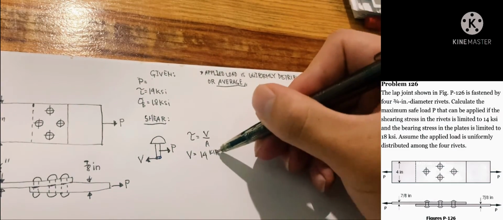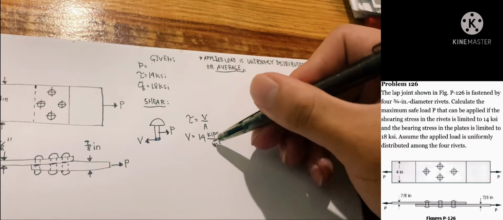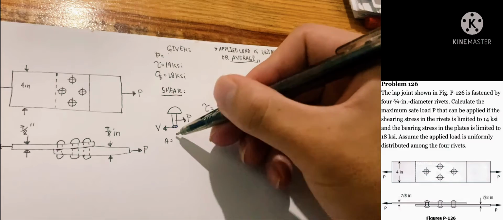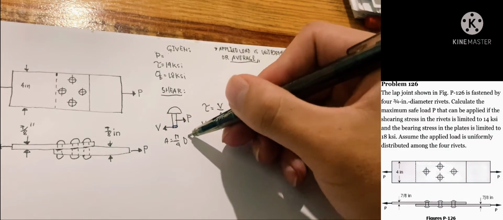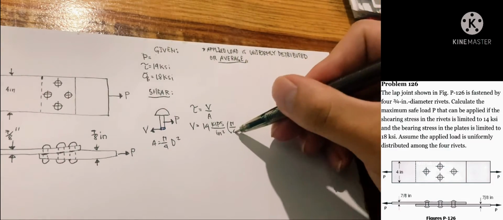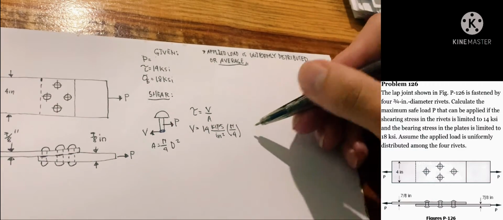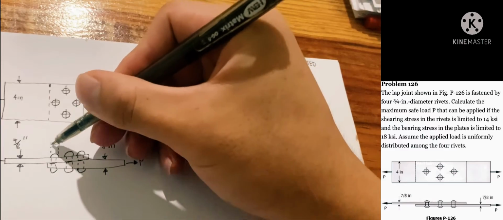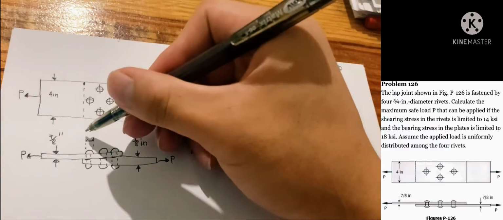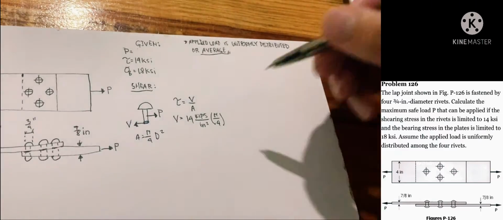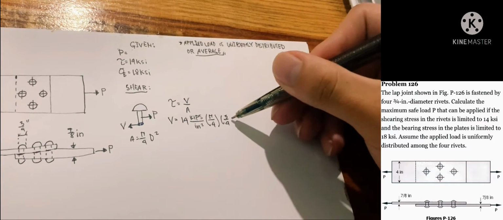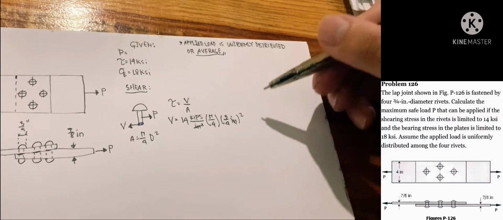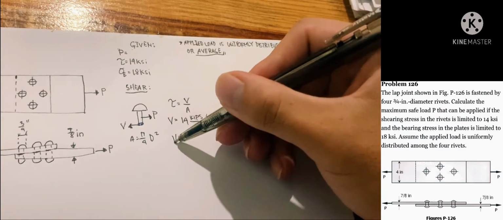So our V is equal to our tau, which is 14 ksi, times our area. This is circular, pi over 4, and I forgot to write the diameter, which is 3/4 inch. You can cancel our inch squared.